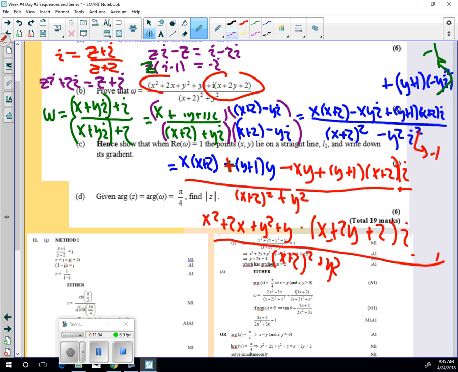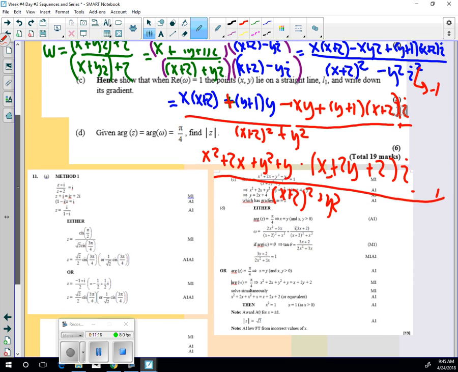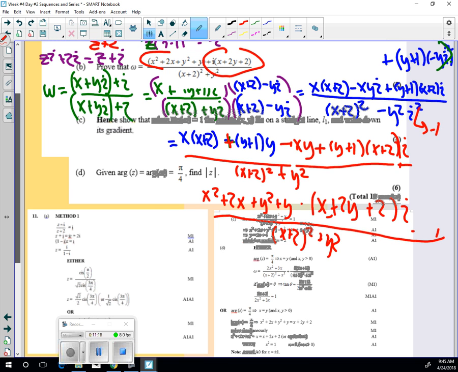Then it says, hence show that when the real part is 1, we have a straight line. Now this is my favorite part of this, because this just makes our life so much easier. It says the real part of this equals 1. Which is the real part?